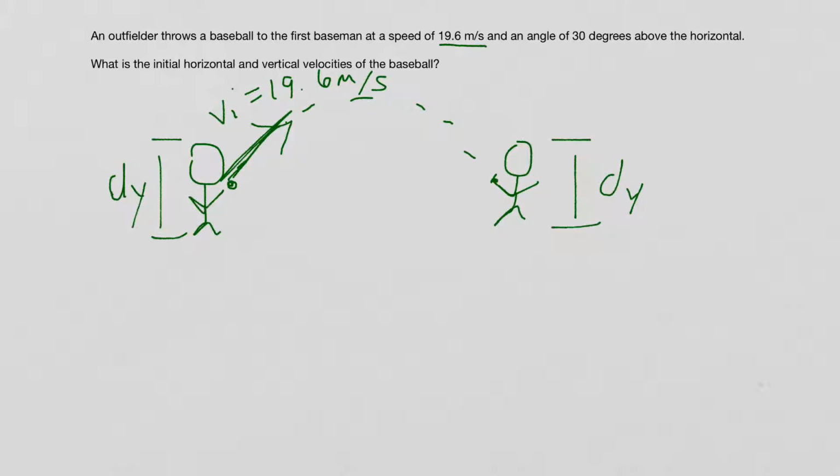And we've done this before. We need to break it into horizontal and vertical velocities. So we can turn it into a triangle. This right here is our 19.6, and that's our initial velocity. Since I have a better setup now, I can change colors a little bit better.